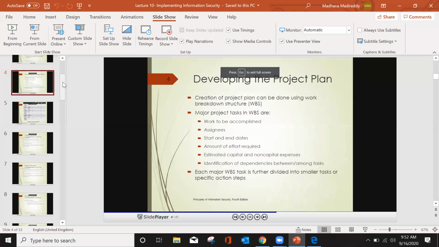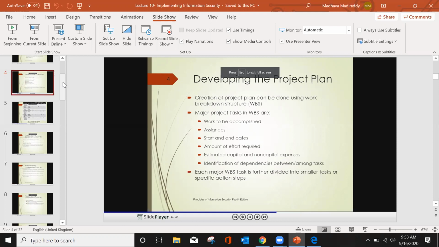What is the meaning of a capital expense? Can anybody tell me? What is the meaning of capital? Is it a major expense?